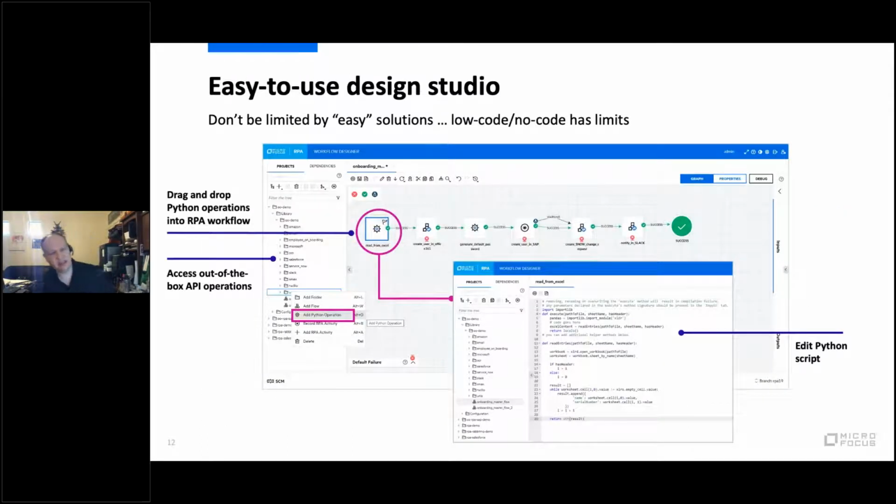And the second thing that I want to double click on is this notion of the easy to use design studio. My recommendation is don't be fooled by the difference between easy to use and low and no code. Low and no code is certainly a feature of easy to use, but what tends to happen is a lot of the RPA vendors out there are hiding so much of the complexity around how their product works that it becomes very inflexible.